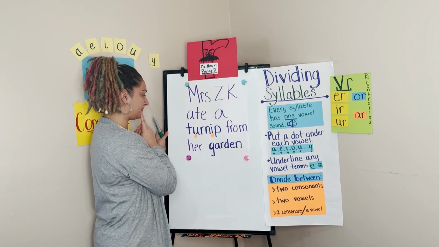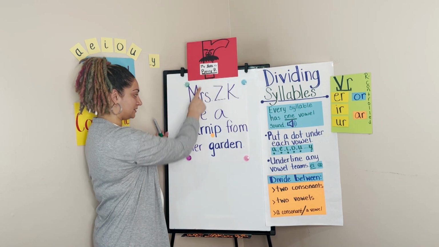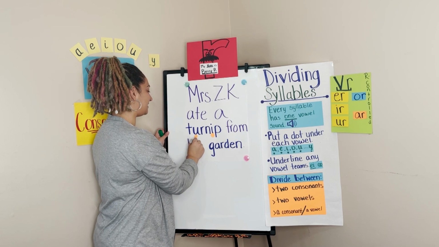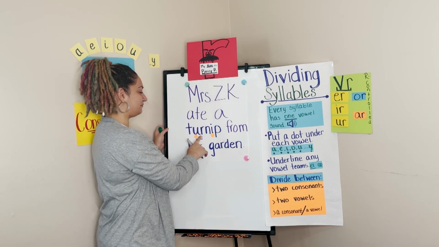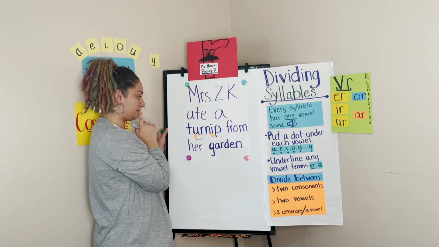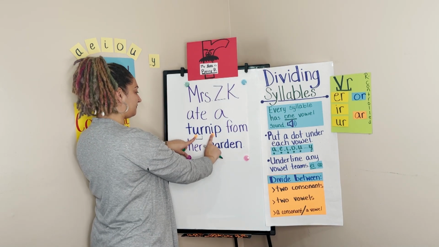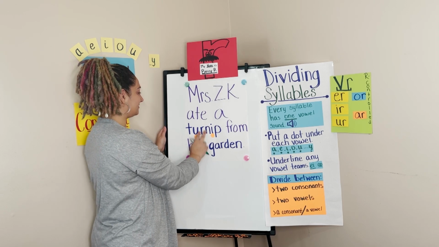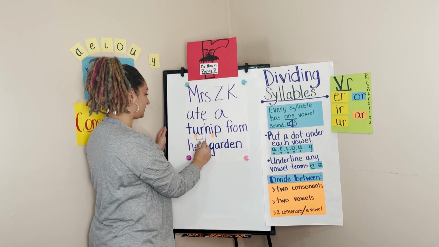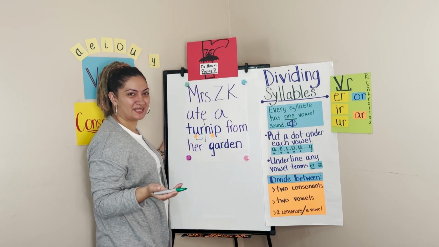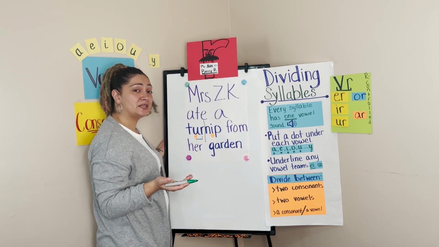Okay. I see Mr. Bossy R behind a vowel. So I know that's going to make its own sound. UR makes its sound. Okay. In between my two vowels, I see there's two consonants. I'm going to split the word right there. Remember, if we split a word one time and it doesn't make any sense, we can try splitting it a different way.